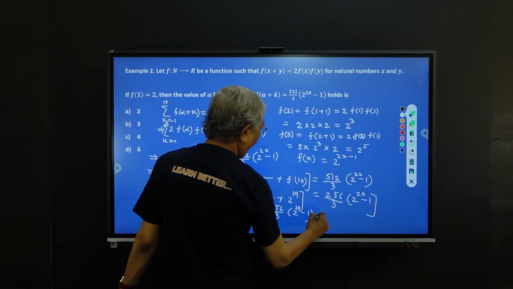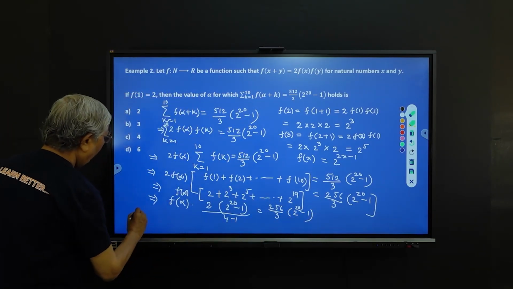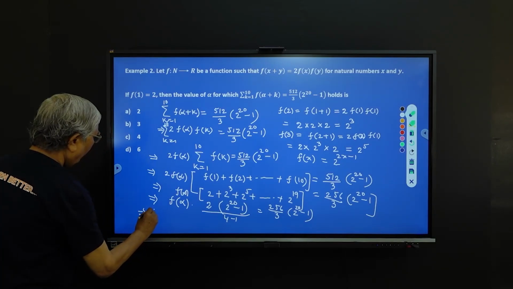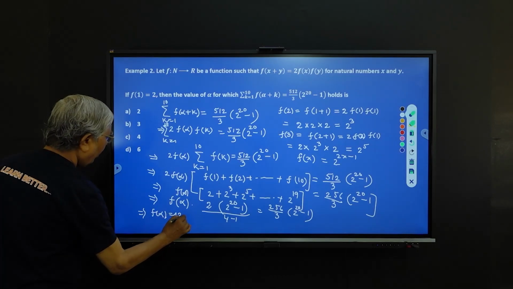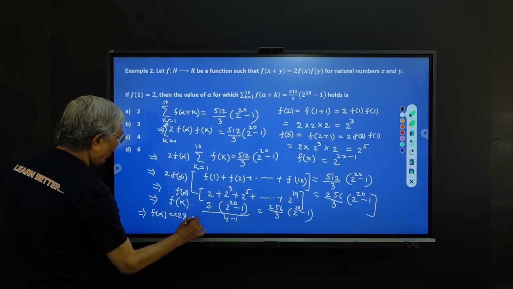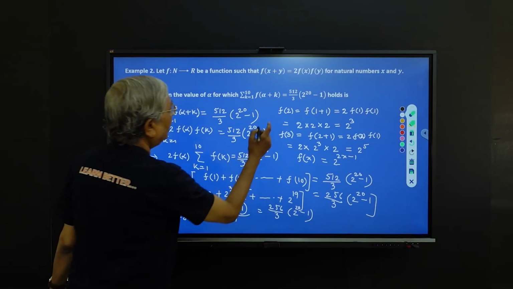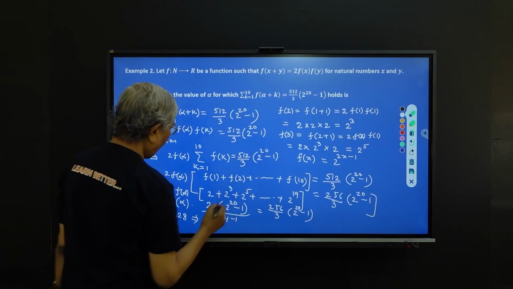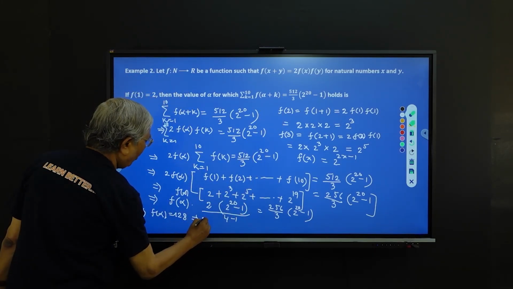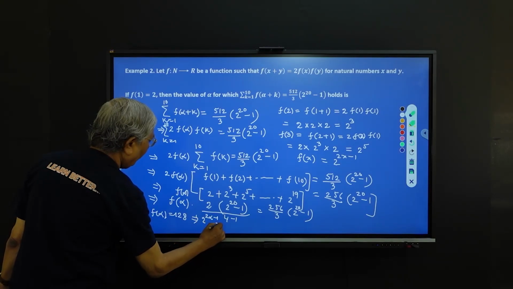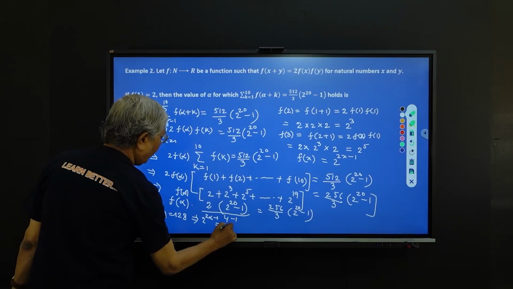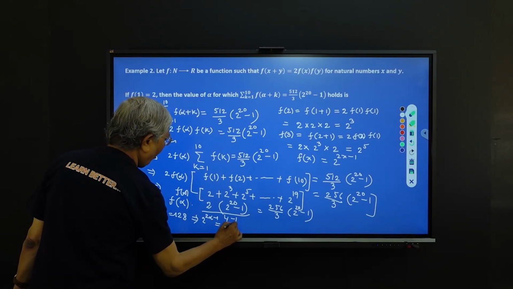This will imply f(α) equal to 128. What is our f(α)? f(x) is our 2 to the power (2x minus 1). So 2 to the power (2α minus 1) equals 128, which means 2 to the power 7.